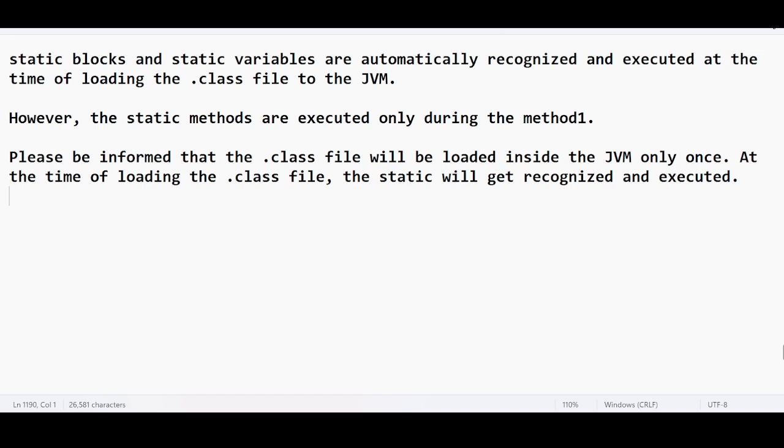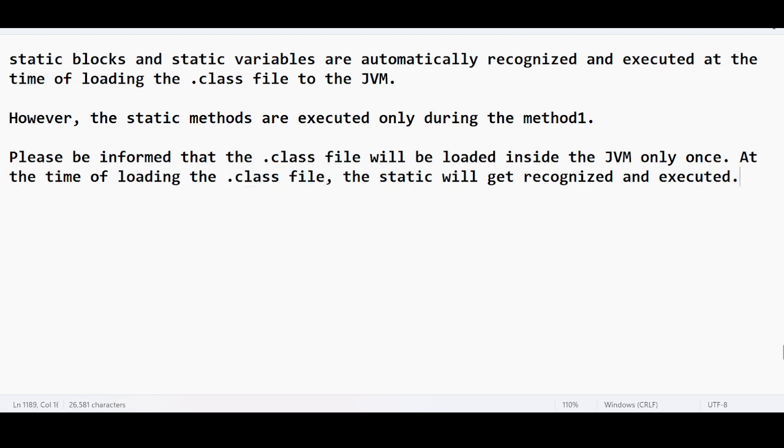If it is loading only once, the recognition will happen only once, right? At any point of time, it will get recognized only once, because only one time this .class file is getting loaded. So recognition will happen only once.